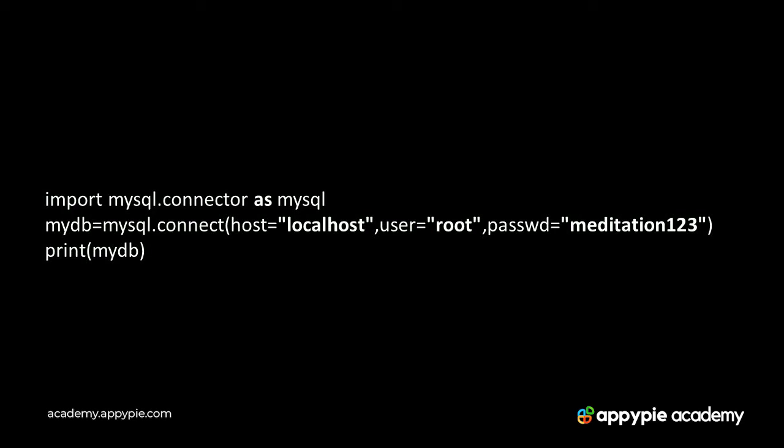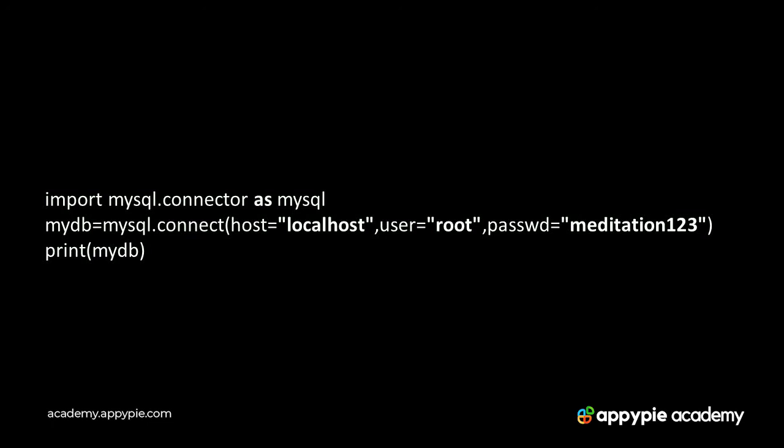Username is root. As you know, when I wrote the SQL statements in previous lectures, I used the username root, and the password could be anything, but I have set the password as meditation123. Or you can go on creating new users also, but let us work under root only.